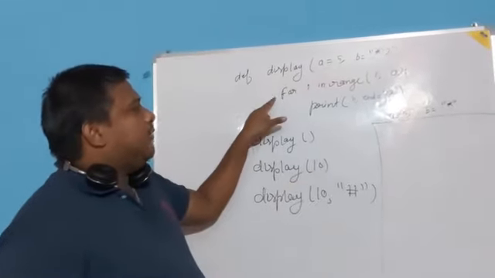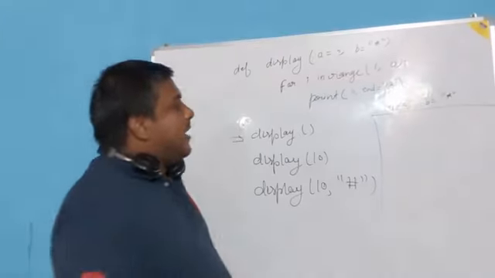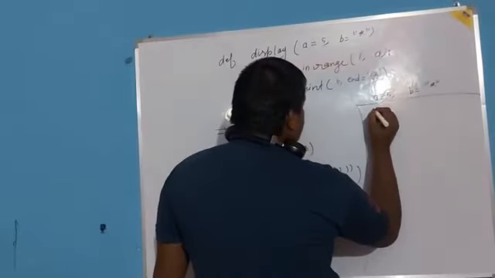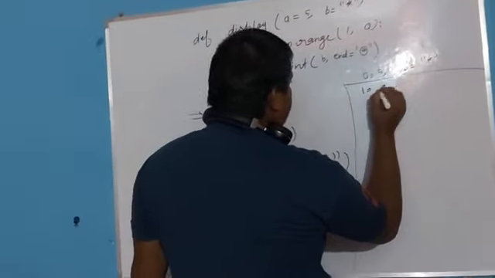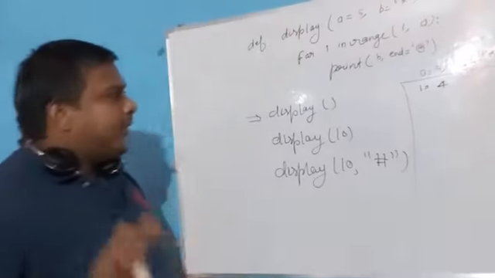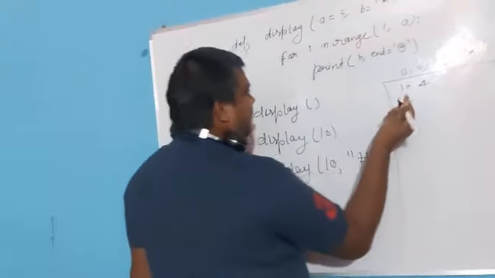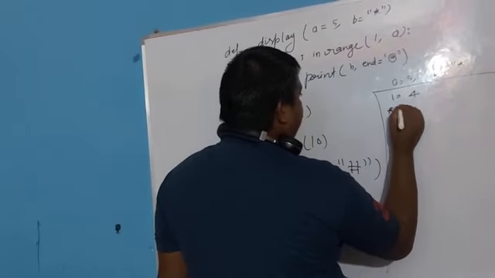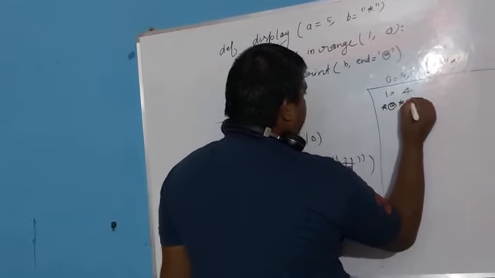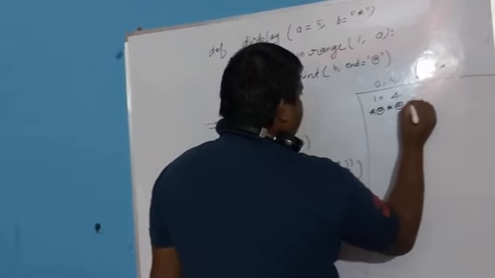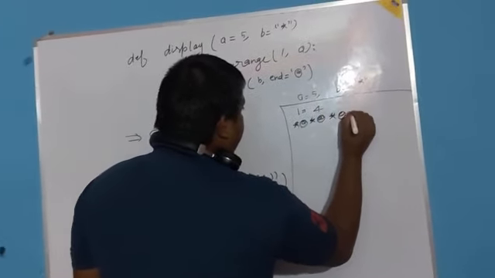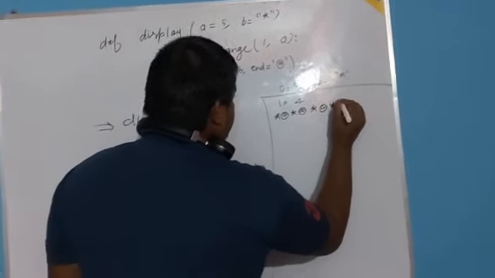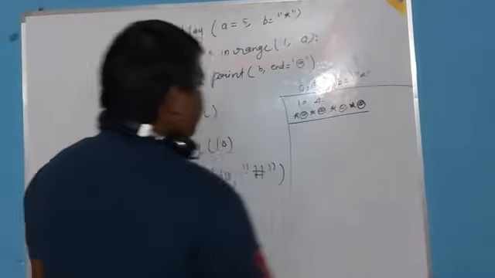Now what will the for loop do, where may it run from? From 1 to 4, that means the loop will run 4 times, and what output will come? b, that means asterisk, and end at the rate, again asterisk, at the rate, again asterisk, at the rate, and again asterisk, at the rate. 4 times this output will come.